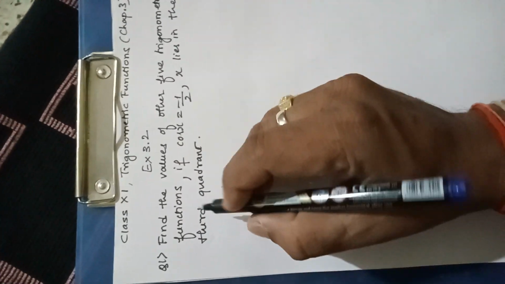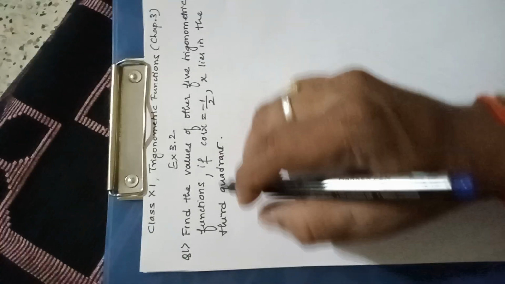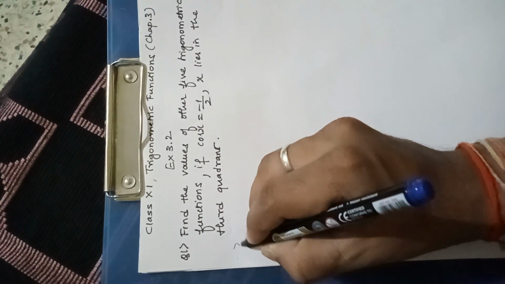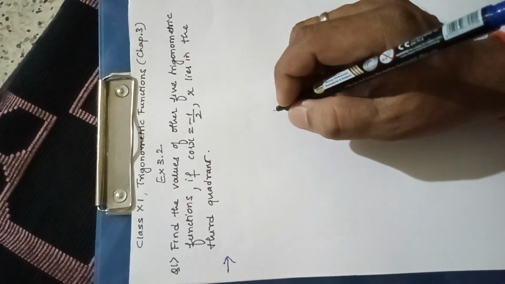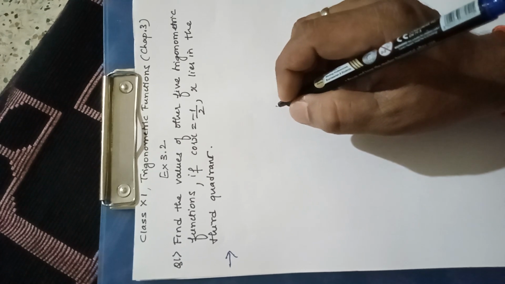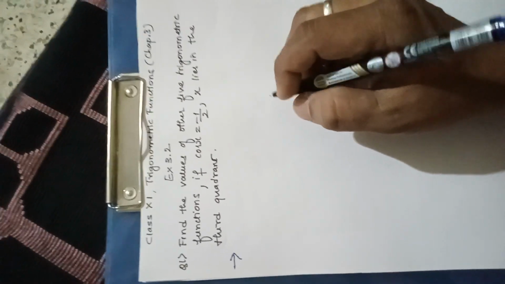Before we dive into the solution of this question, first let us see how the values of different trigonometric ratios vary with the quadrants.